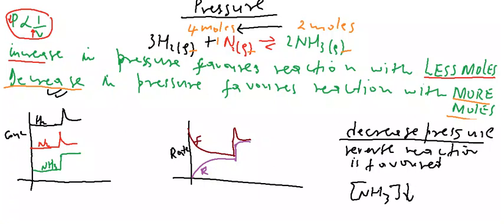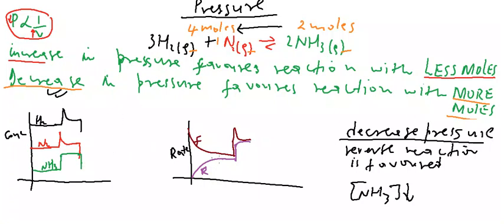Okay, now that we decrease the pressure, all of them will decrease sharply at first, then we look at which one is favored. All of them will decrease drastically. Then which reaction is favored?